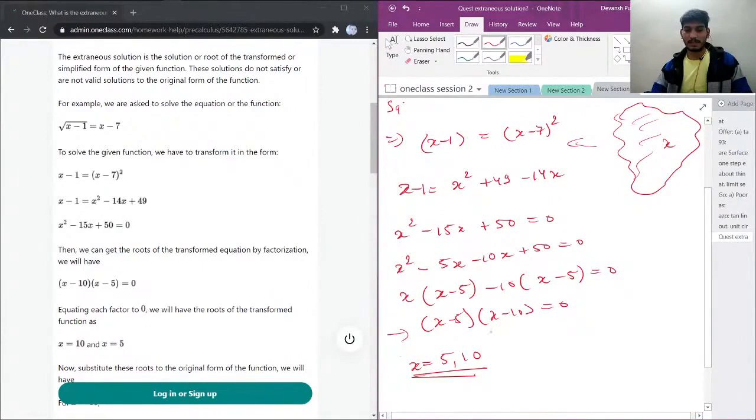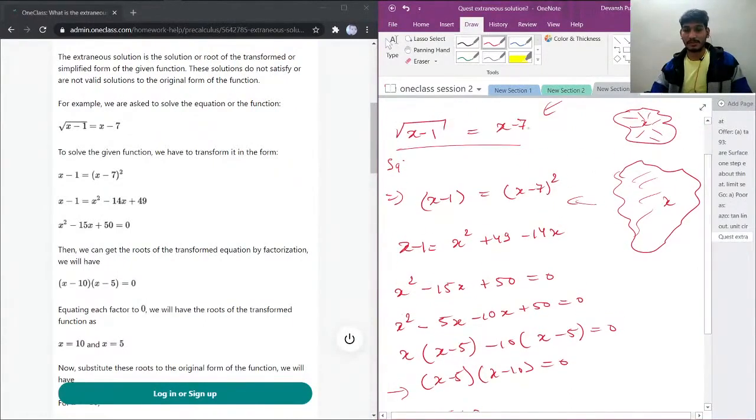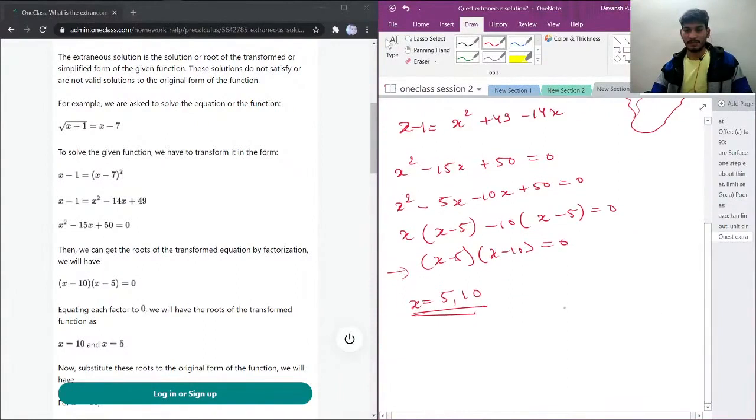If I put x equal to 5 back into the original equation, which was square root of x minus 1 equals x minus 7, then this will become square root of 5 minus 1 and 5 minus 7. This will be 2, and 5 minus 7 will become negative 2. So you can see that x equal to 5 is not satisfying this equation.